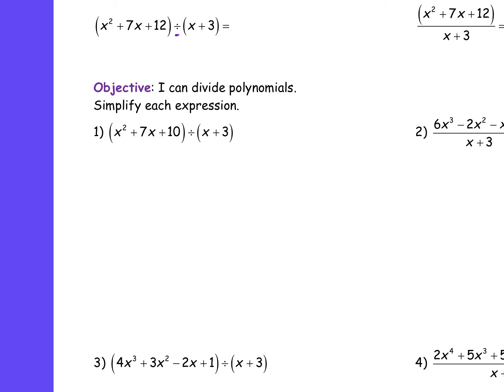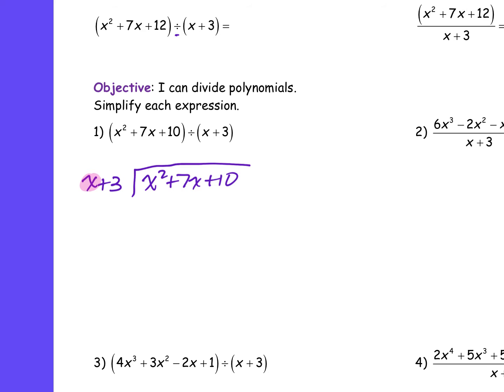So I'm going to do long division. I have my x squared plus 7x plus 10, and I'm going to divide by x plus 3. What I want to look at is my x, and I'm always going to focus on that x first.